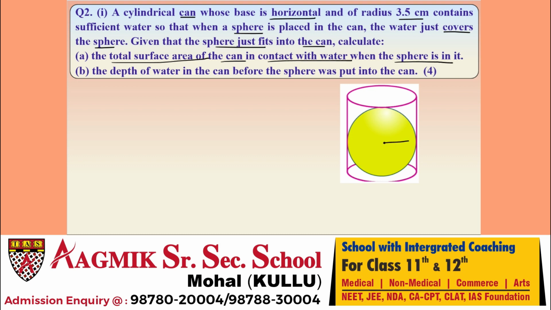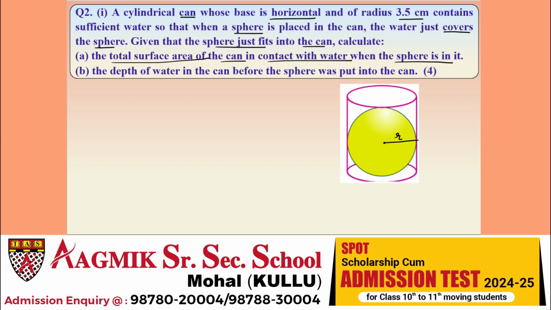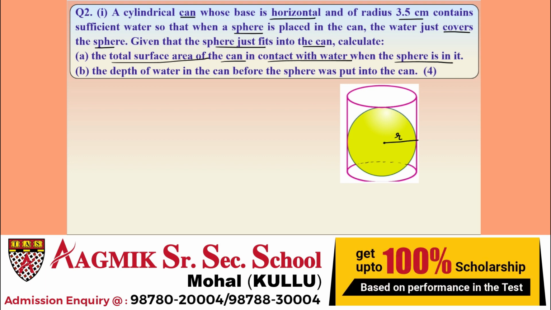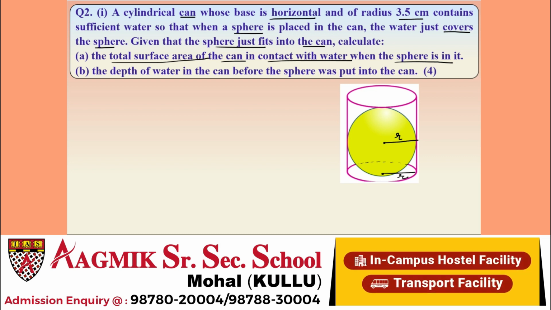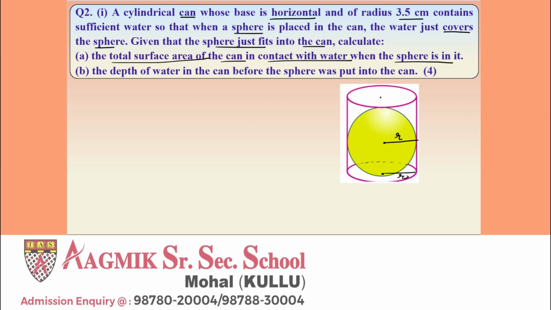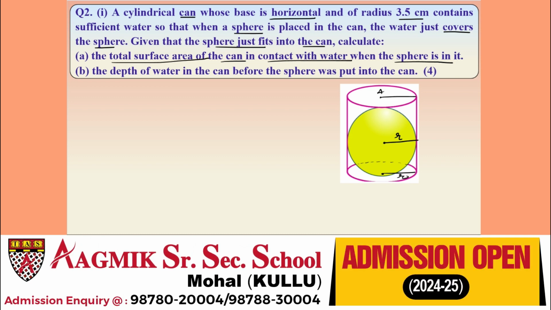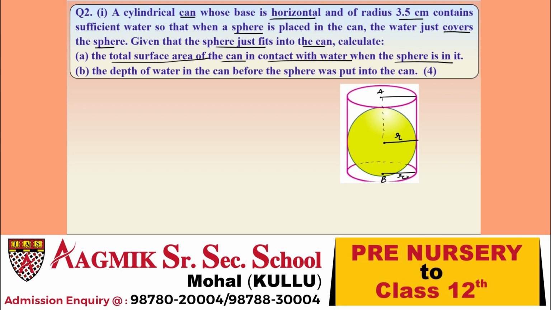Now look here. First of all, if you assume the radius of the sphere as r, because the sphere just fits into the can, you can see that radius of the cylinder will also be r. Alright. Now what will be the height? Look here. If this is point A, this is point B, then you have the height as this.